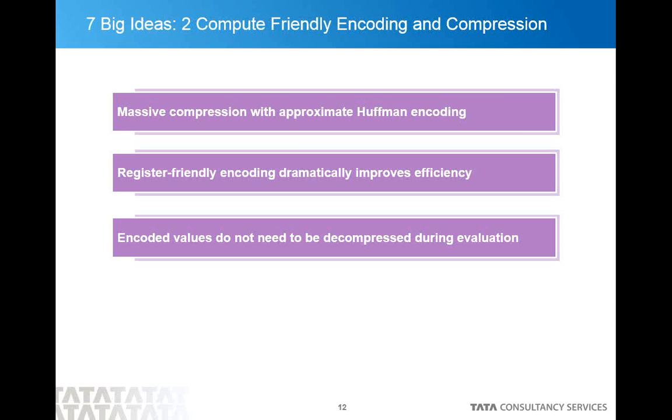So what it will do, it will assign a fewer number of bits, let's say 0, to Sumit. So the idea is it will assign fewer bits to the value which is occurring very frequently in the table, or very frequently in the column.